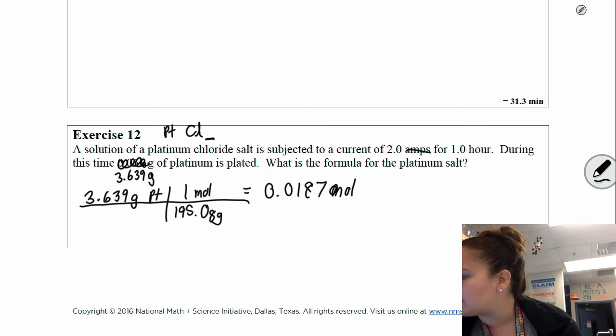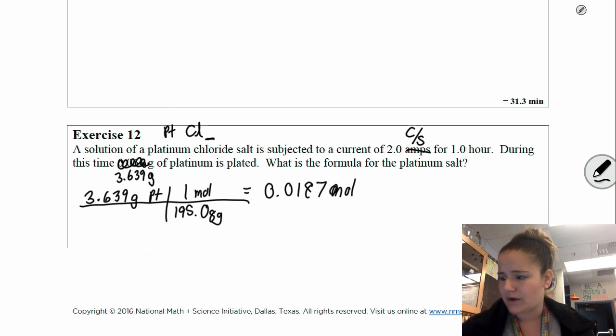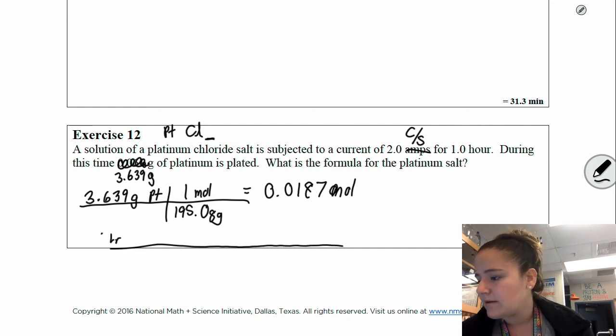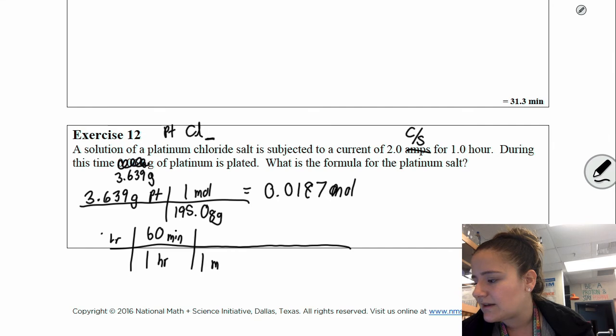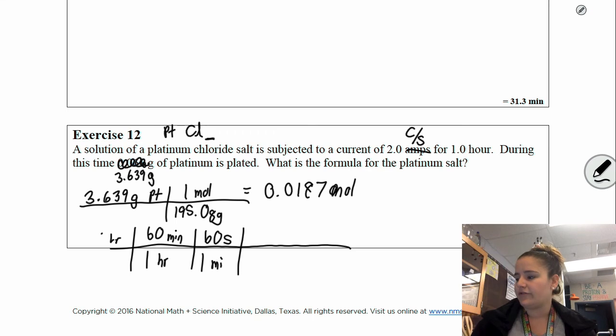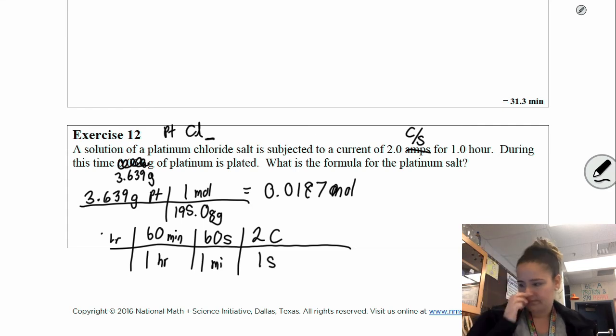Now let's figure out how many moles of electrons I had in that 1 hour. So 2 amps, remember, is coulombs per second. In 1 hour, I don't know off the top of my head how many seconds are in an hour. You might. I'm just going to put it all into my problem. 1 hour, 60 minutes in 1 hour, 60 seconds in 1 minute, and I was getting 2 coulombs each second from the current.